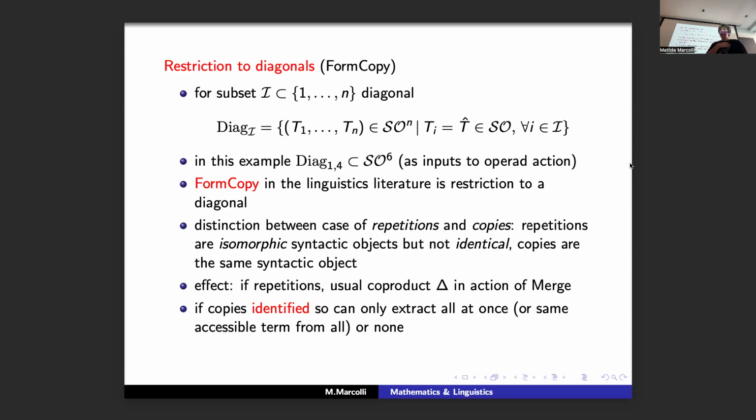And the point is that if you are really restricting to a diagonal, then when you extract substructures with the coproduct to use for internal merge, you no longer extract these separately. You either extract it once from everything or not at all.